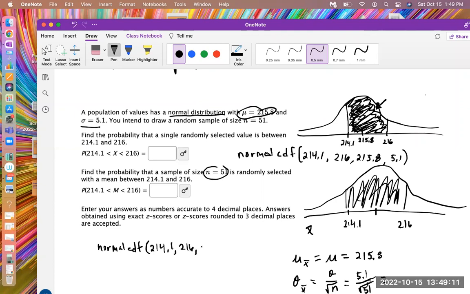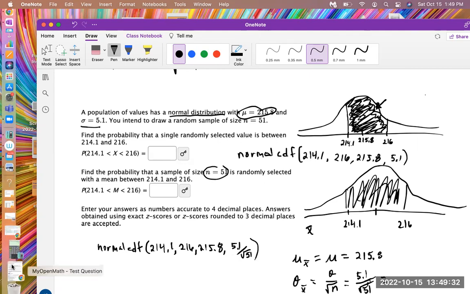And then the mean here stays the same, 215.8. But the only thing that changes in our calculation when we're working with the sampling distribution of the sample mean is that the standard deviation does change. So now it's 5.1 divided by the square root of 51. I'm going to put that into the normal CDF function as is to make sure I get all my decimal places. So let's put that in.